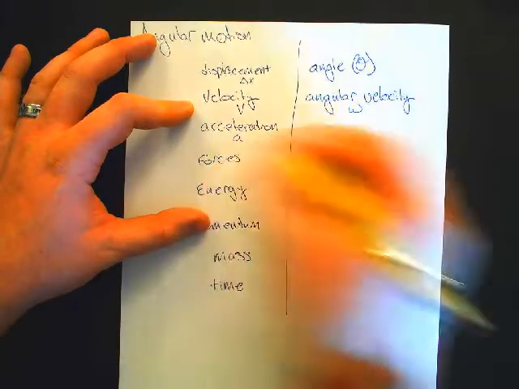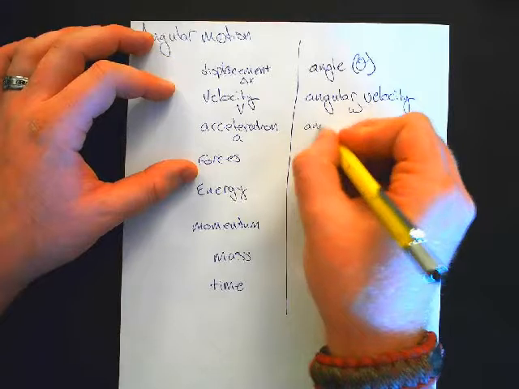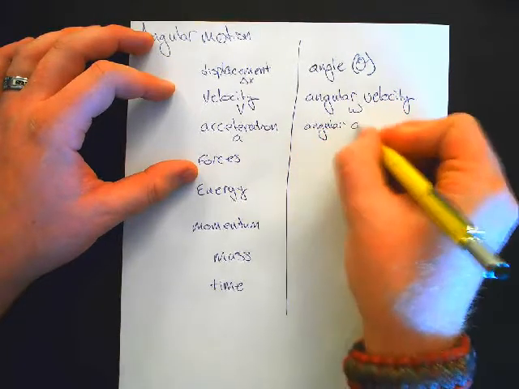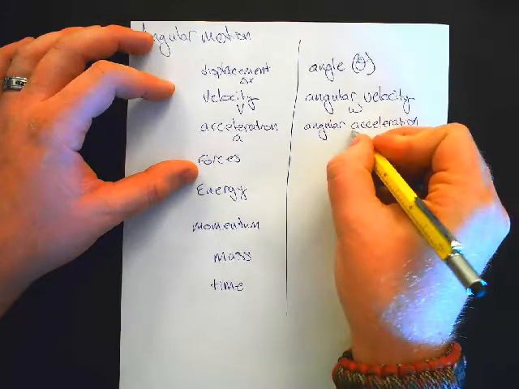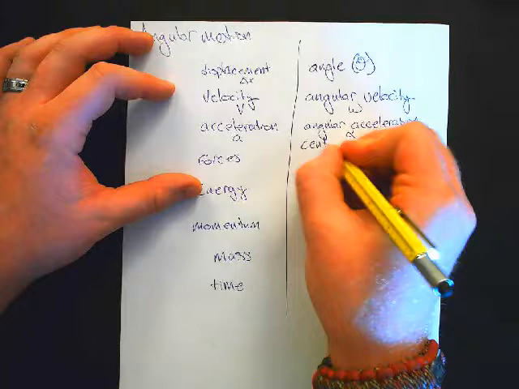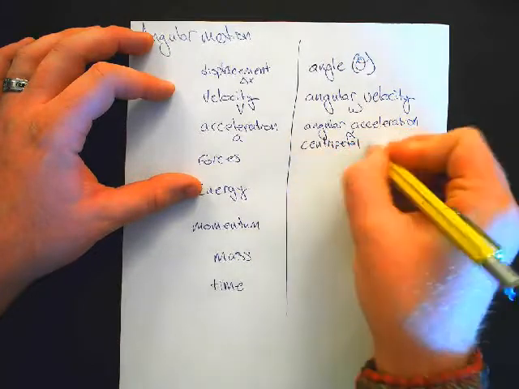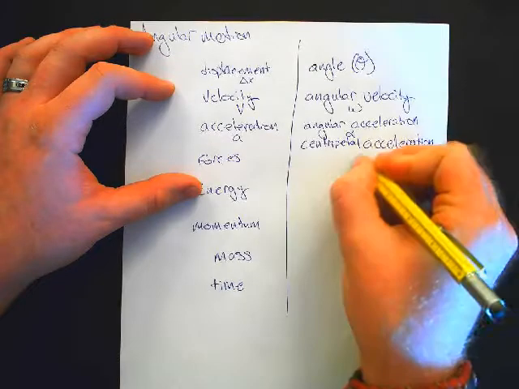Acceleration, which is a, is now going to be, there's a whole bunch of these. Angular acceleration, which is marked as alpha, but also centripetal acceleration, which is going to be denoted as a sub c.